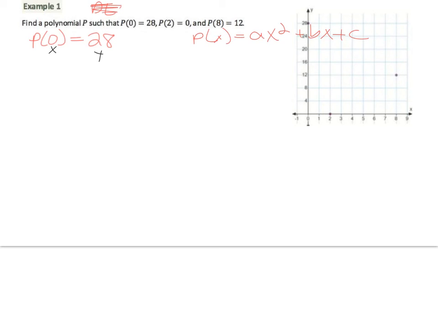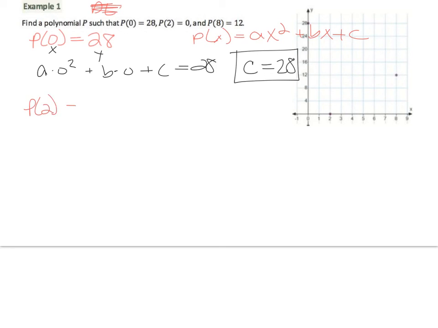If we plug in 0 for all the x's, we're going to have a times 0 squared plus b times 0 plus c equals 28. That means that we have c equals 28. We know one of our constants. That's great. Let's try the next one.